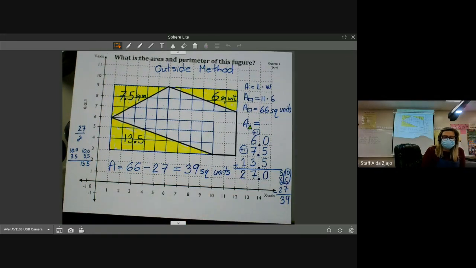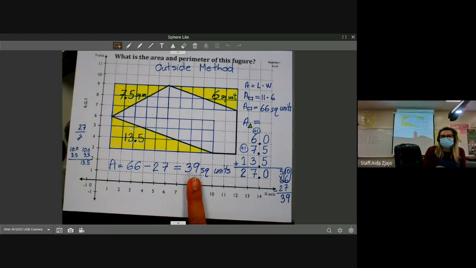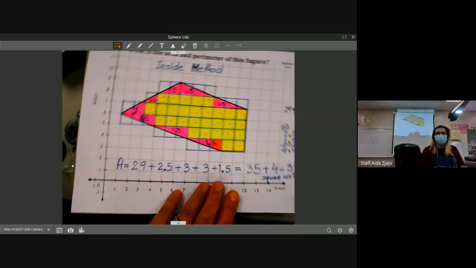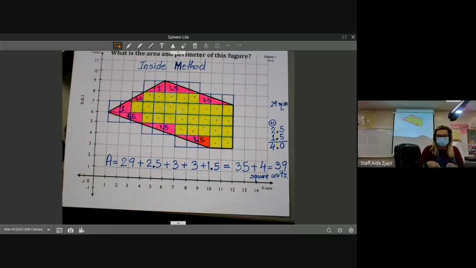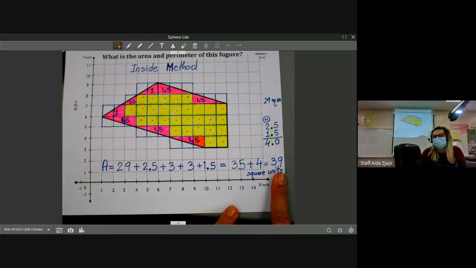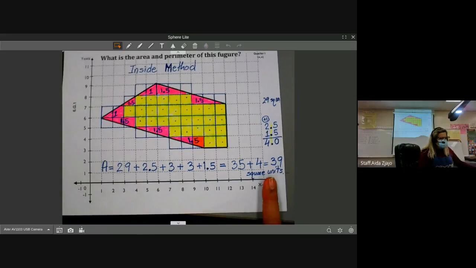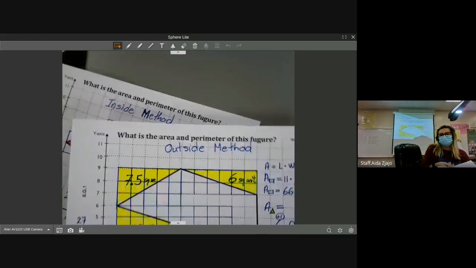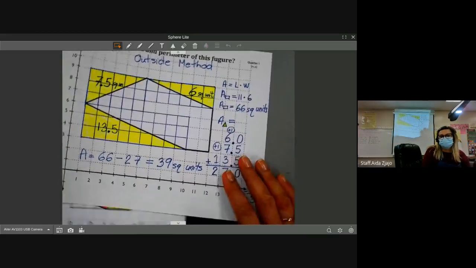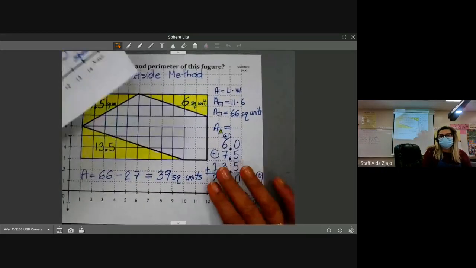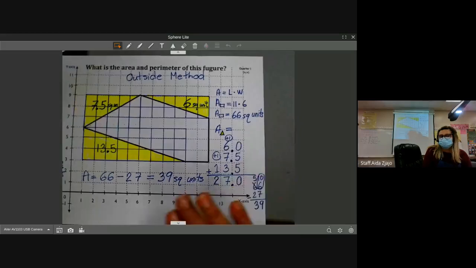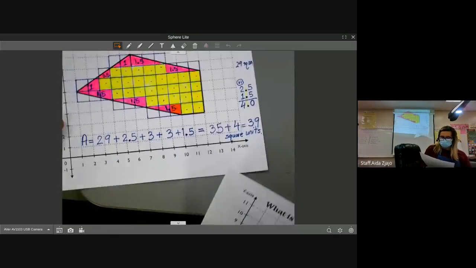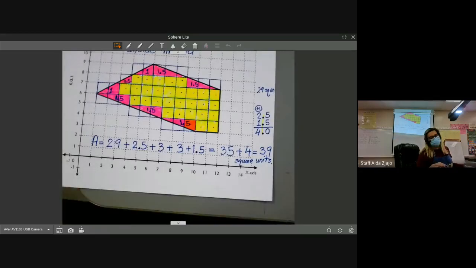The outside method gave us 39 square units, and the inside method gave us 39 square units. This is really important for 6th grade because you will have these problems and you will need to know that there are 2 ways to get to the answer, the outside method and the inside method.